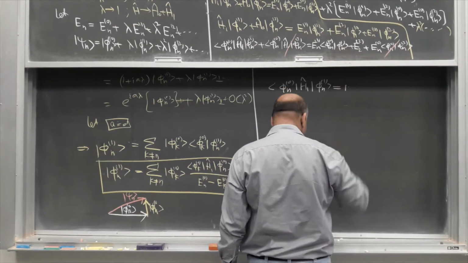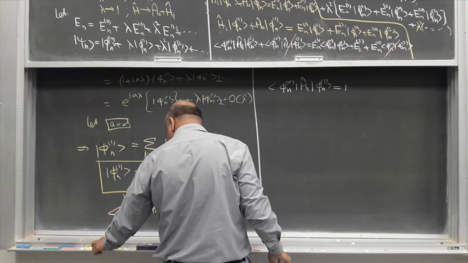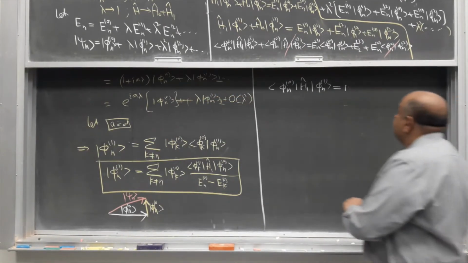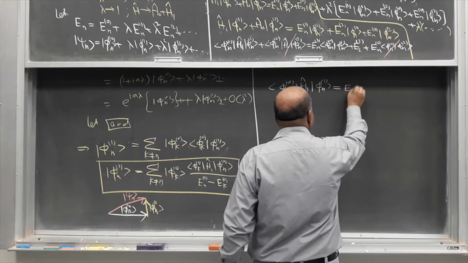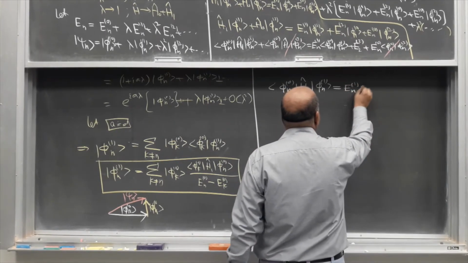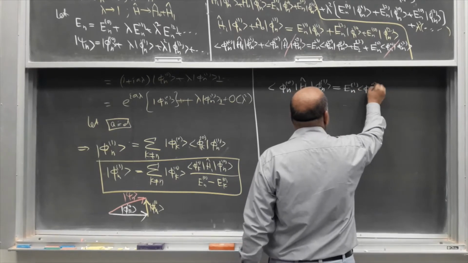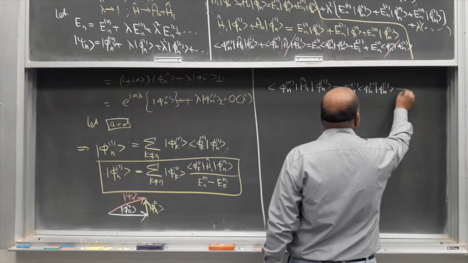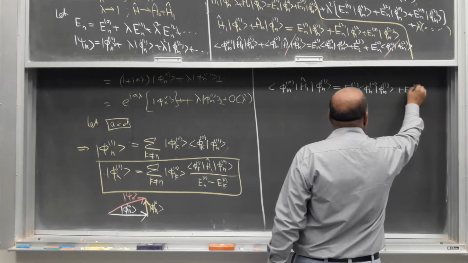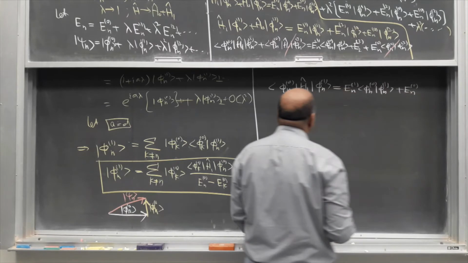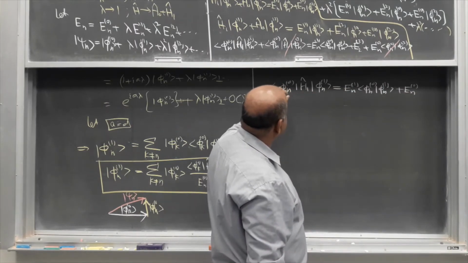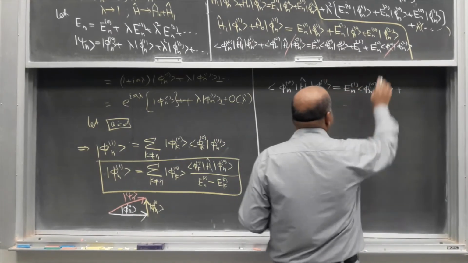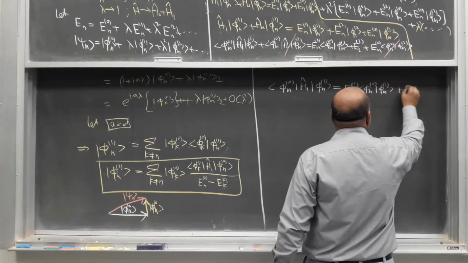So this becomes En1, phi n0, phi n1 plus, sorry, not En0, because this is already cancelled, this is left, En2.